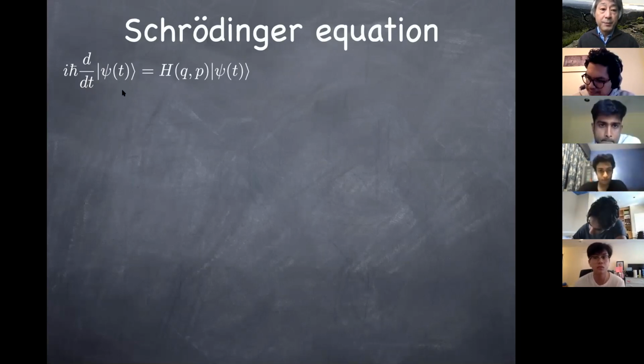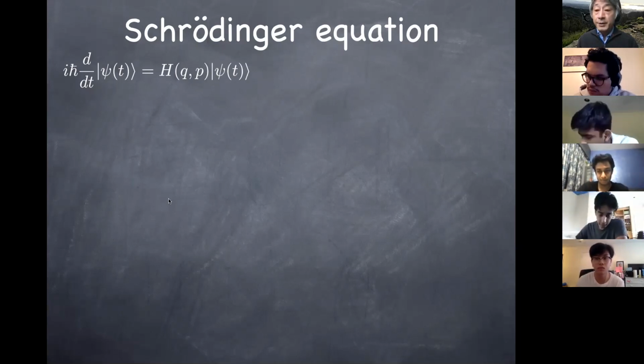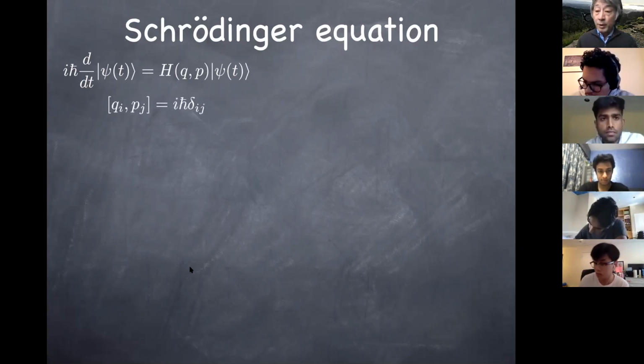And that time derivative is given by acting the Hamiltonian operator on this ket. So the Hamiltonian is now written as a function of Q and P. Now both Q and P are operators in quantum mechanics. And so acting this Hamiltonian operator on the ket psi is what tells you how the state evolves in time. So that's what you learn in quantum mechanics class.